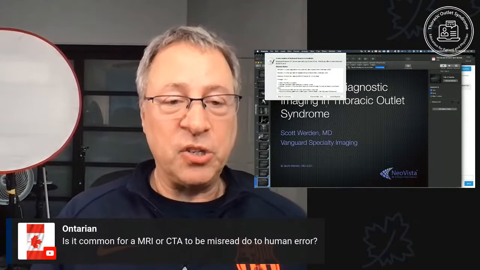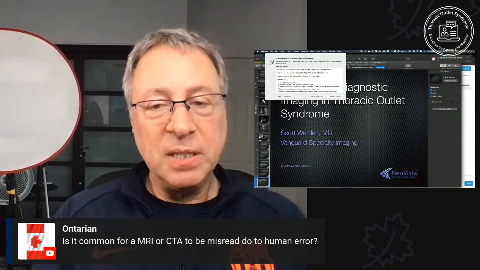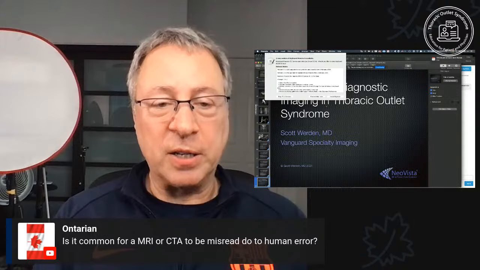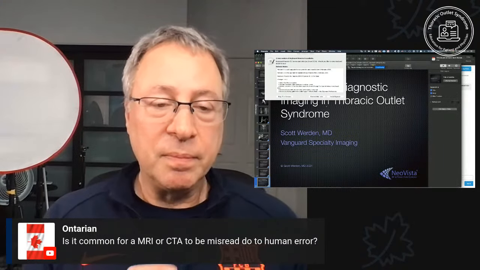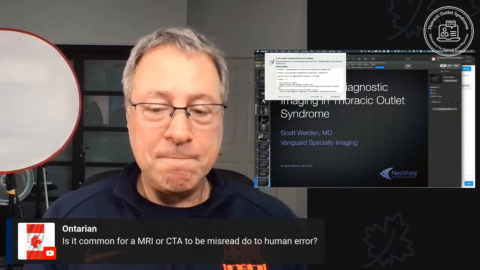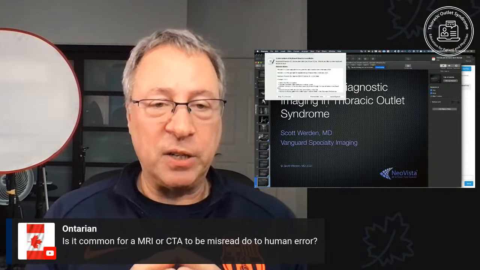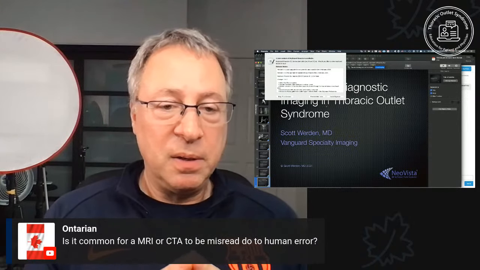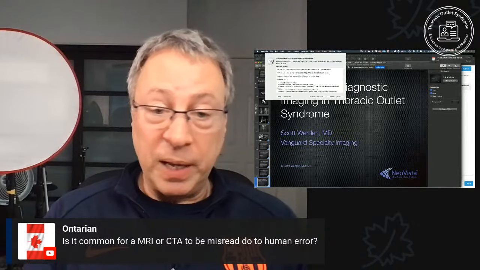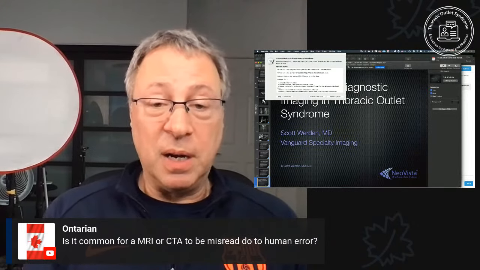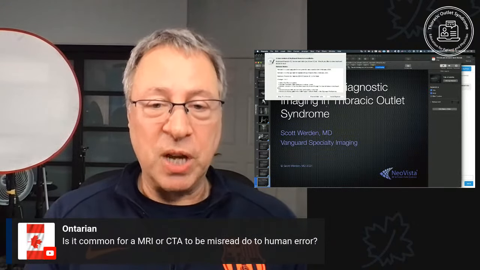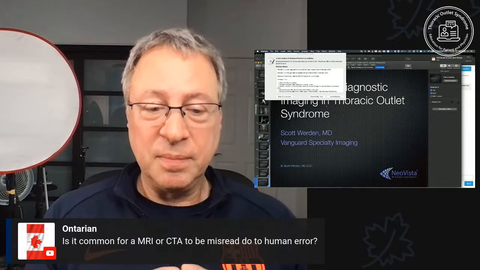And there can be an advantage to that. MRIs are not so easy to read if you're not experienced at it. But I would say it's fairly rare for a radiologist to miss something big. And hopefully if a radiologist misses something, and I have in my career, hopefully they follow up and resolve the issue with it.